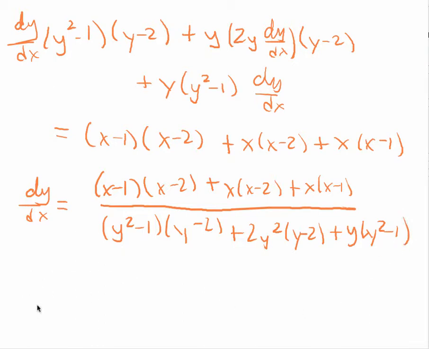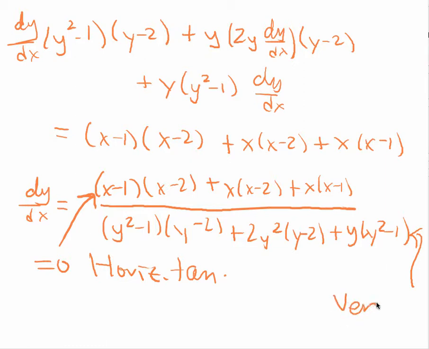So what's going on here? If this equals 0, we have a horizontal tangent. And if this denominator equals 0, then dy dx is undefined, and so we get a vertical tangent. So this feels like, okay, we need to come down and do some solving.